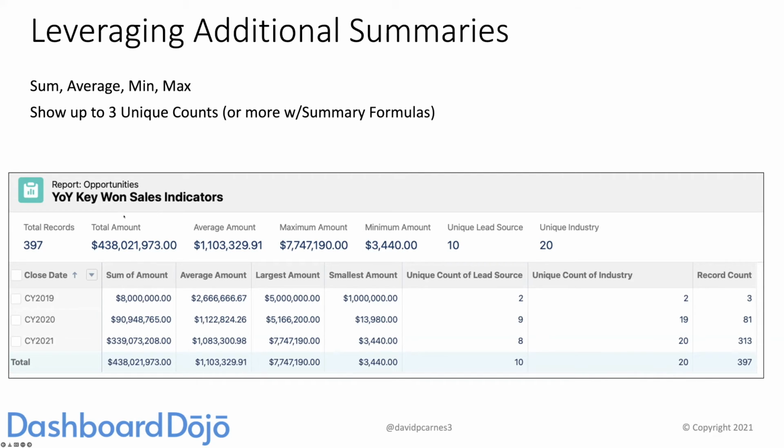So if we're looking at our year-over-year key sales indicators, well, what we were talking about was sum of amount before. Well, what if we added the average amount? What if we showed our largest donation? What if we showed our smallest deal that we sold? Largest amount, smallest amount. We can also directly on the report show up to 3 uniques. And I want you to keep these in mind because this is interesting.